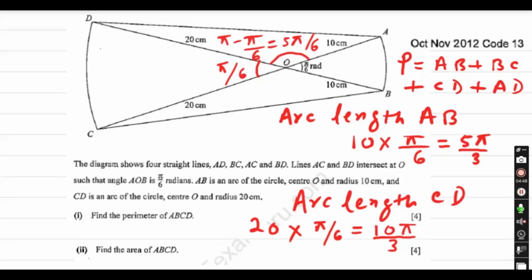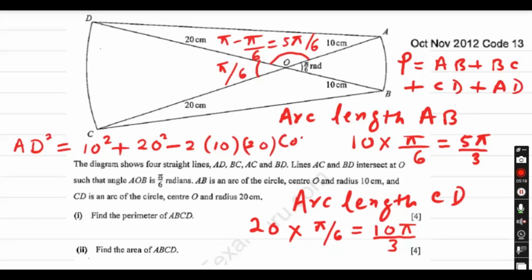Now apply the cosine rule. AD square is equal to first side square, that is 10 square, plus second side square, that is 20 square, minus 2, from the formula, multiplied by first side 10, multiplied by second side 20, into cos of angle 5 pi by 6.